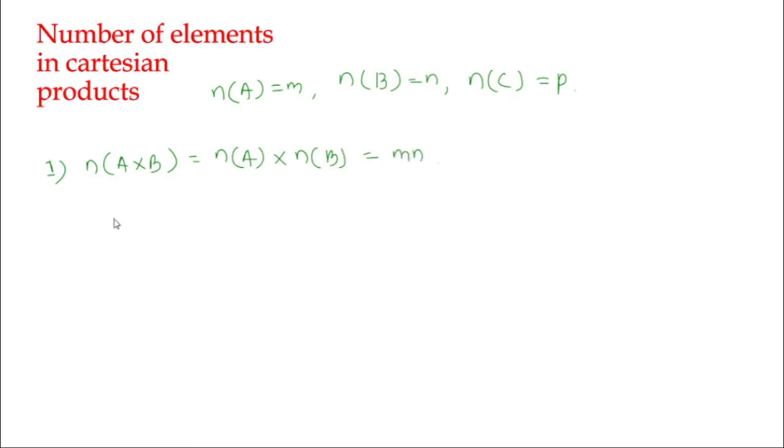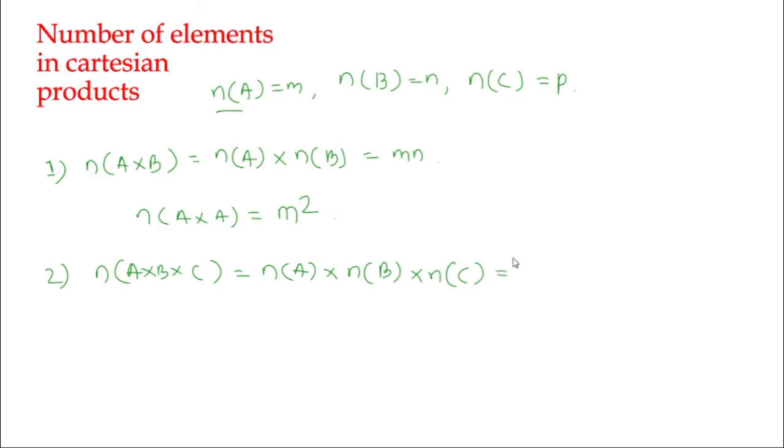So what will be the number of elements in A cross A? It will be m square, because the number of elements in A times the number of elements in A is m square. Similarly, n of A cross B cross C will be n of A into n of B into n of C, which is m into n into p.